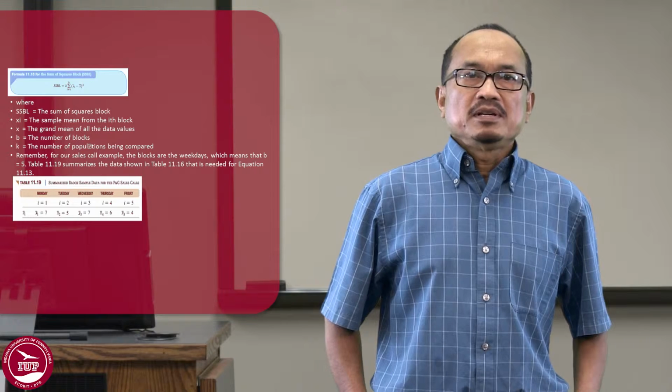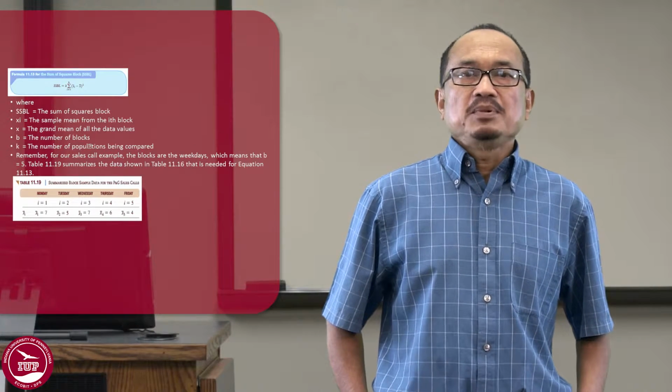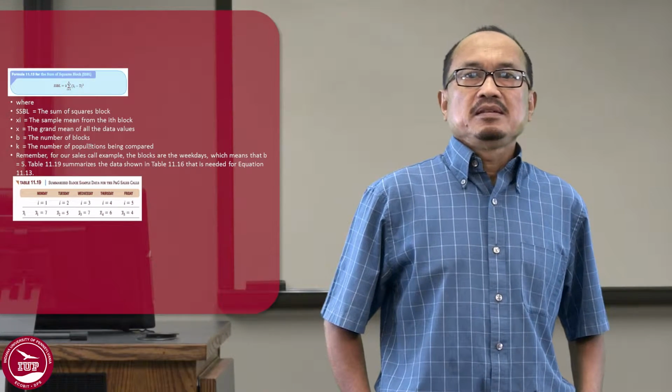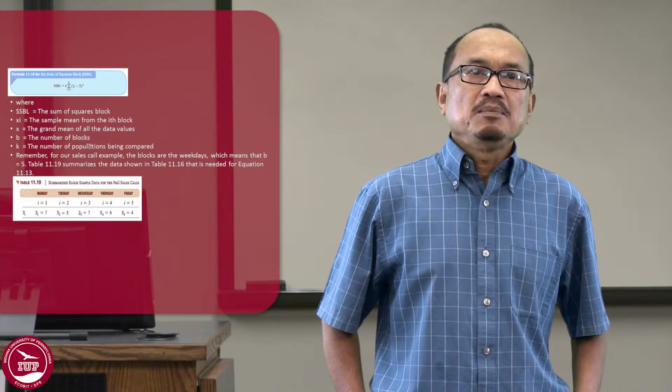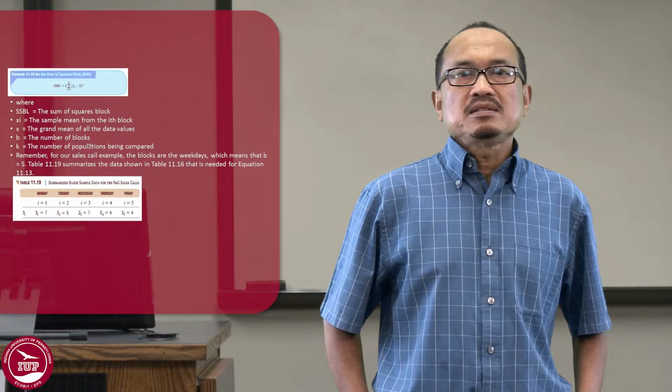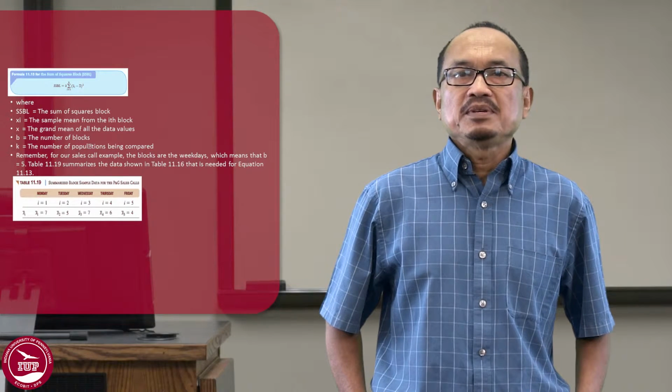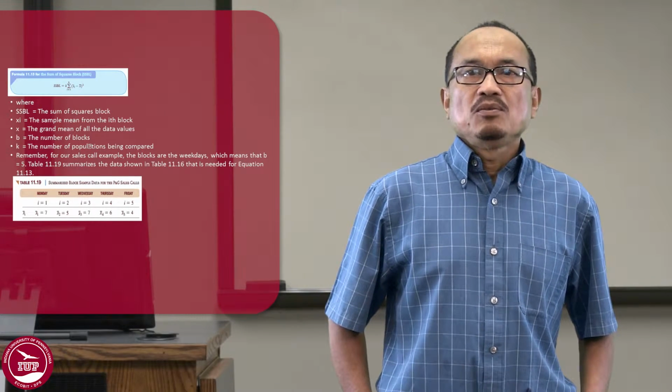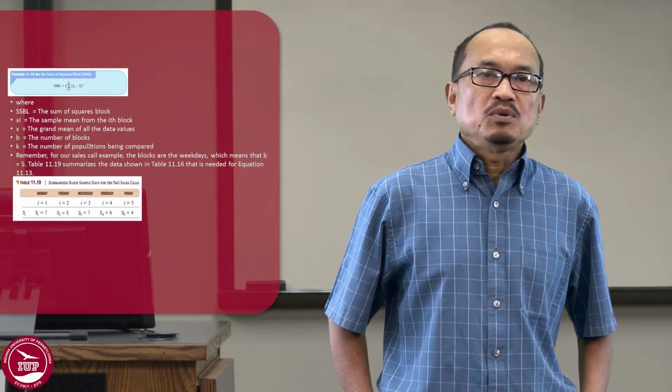Remember, for our sales call example, the blocks are the weekdays, which means that B equal to 5. Table 11.19 summarizes the data shown in Table 11.16 that is needed for equation 11.13.